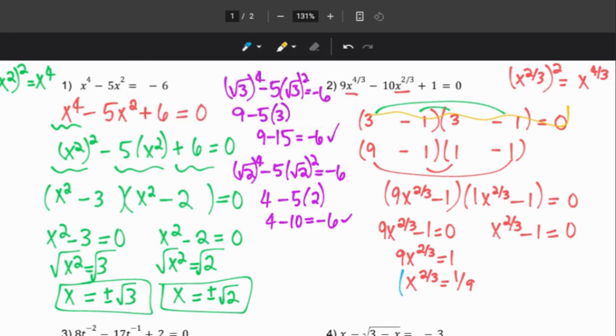Well, I'm going to raise it to the third power, because 2/3 times 3 is going to be 2. So I have x squared equals, and I have to do 1 cubed, so that's 1, and 9 cubed, so that's 9 times 9 times 9, which is 729. And then the last thing I'm going to do is take the square root. And the square root, remember, you're going to say plus or minus, so x equals plus or minus. Now the square root of the 1 is 1, and the square root of 729 is 27.